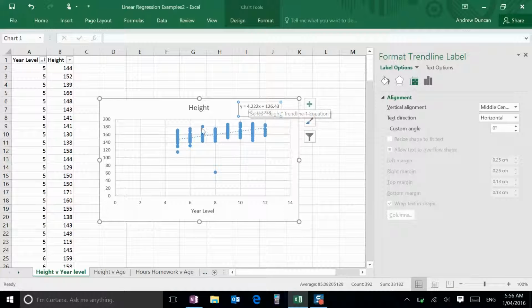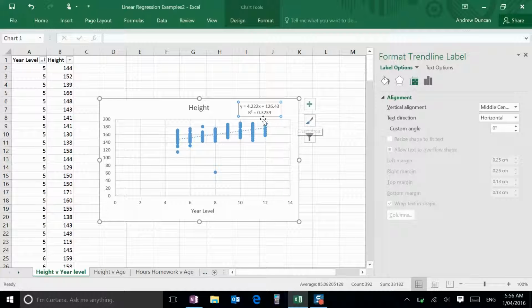The 126 would be my y-axis intercept if I continue this line across. So when they're in preschool, they should be 126 centimeters tall. Yeah, it's probably about right. And this 4.22x means each year you increase, your height should increase 4.22. That's the idea of the linear model.